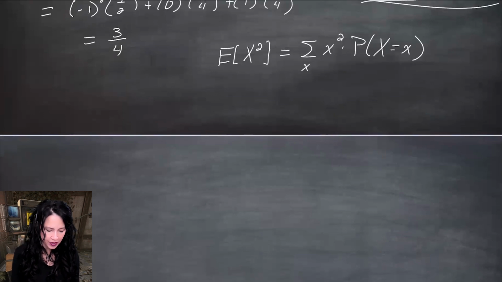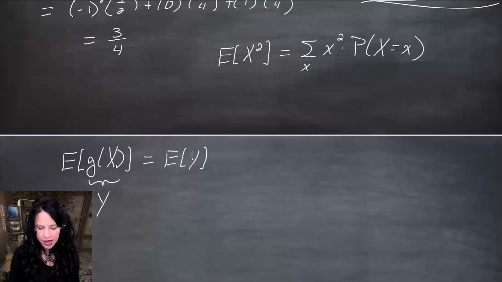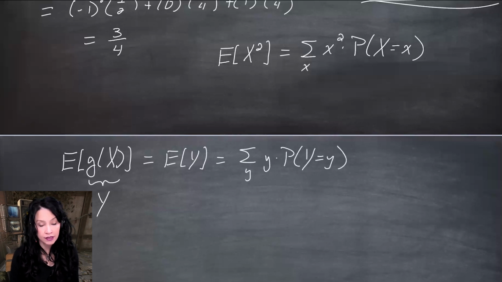So in general, if you want to find the expected value of g of a random variable X, your first instinct should be to say, hey, this is a new random variable Y. So this is the expected value of Y, and this is the sum over all y of little y times the probability that Y equals y.